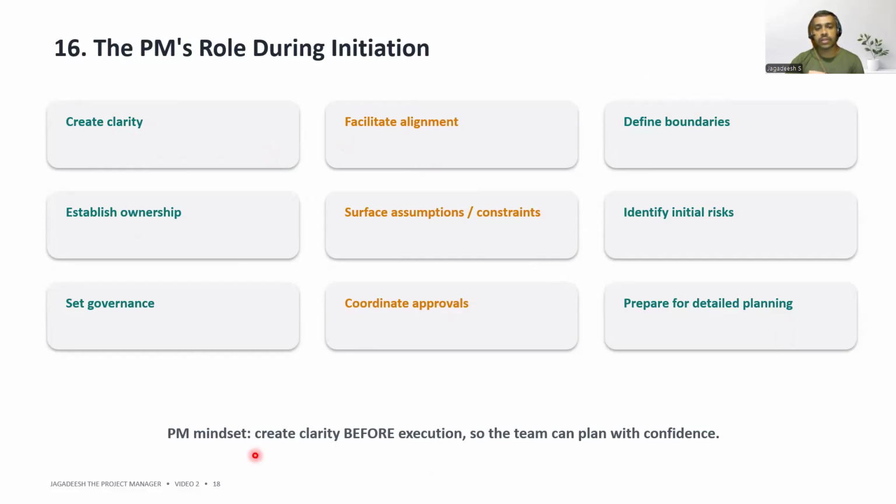As a project manager, my mindset is to create clarity before execution so the team can plan with confidence. The goal is to make the transition into detailed planning much smoother.